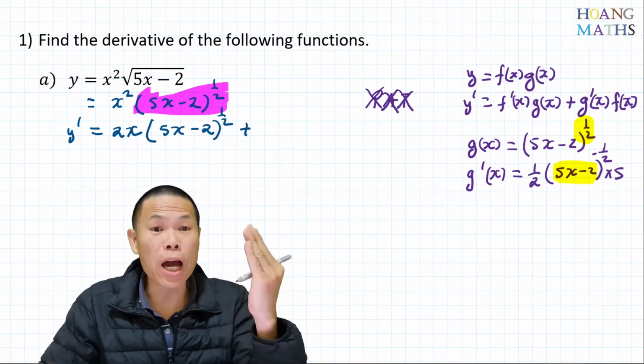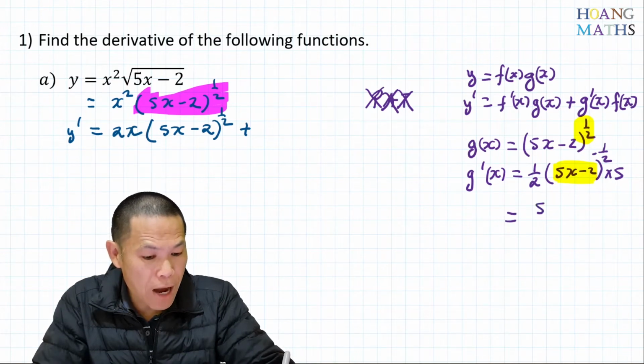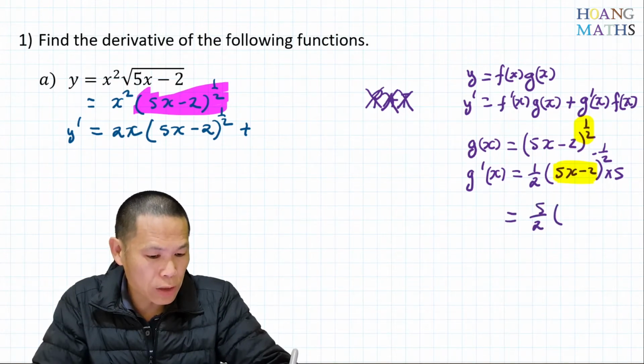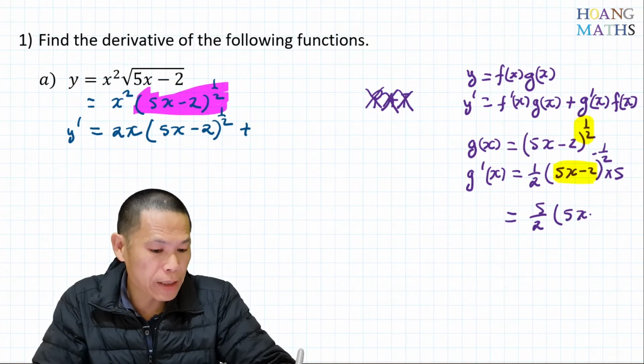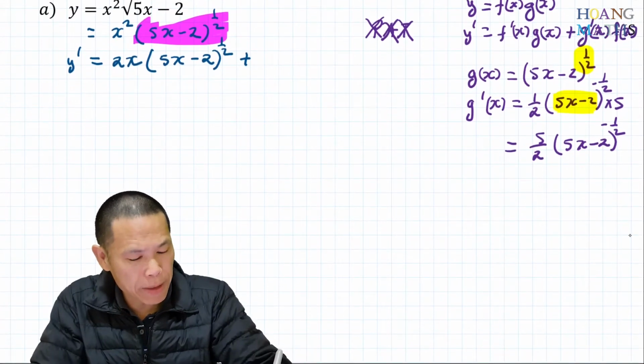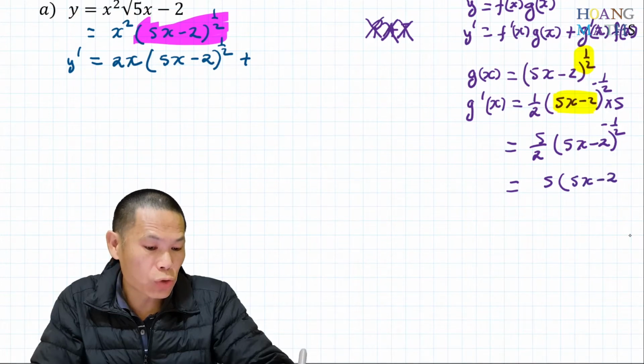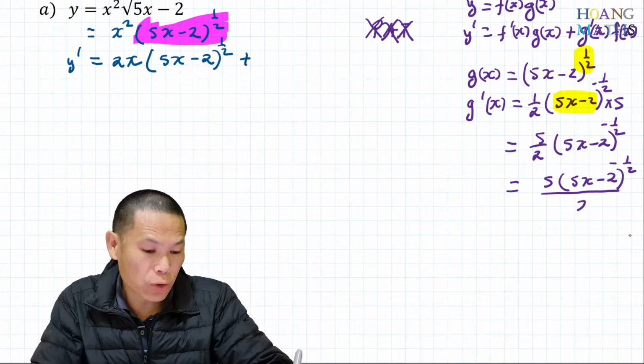Now I'm just tidying this up. This will give me the same as 5 over 2, 5x minus 2 to the power of negative a half. And this is exactly the same as this: 5x minus 2 to the power of negative a half, over 2.